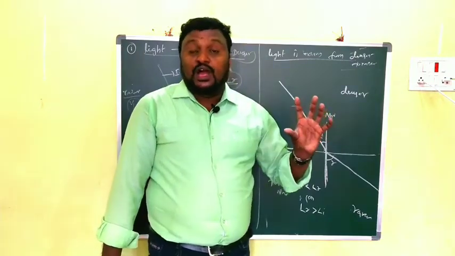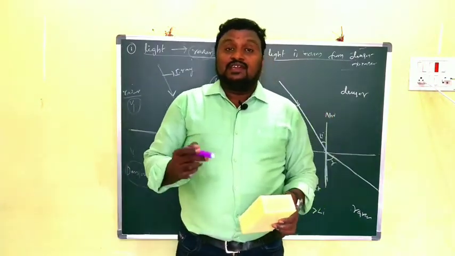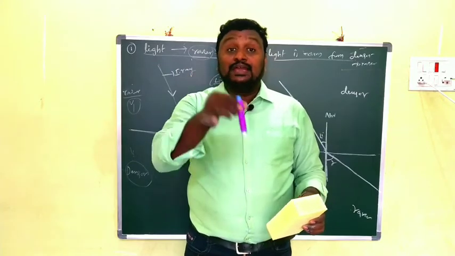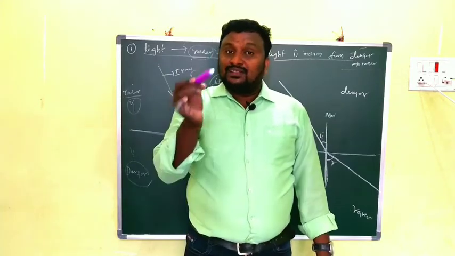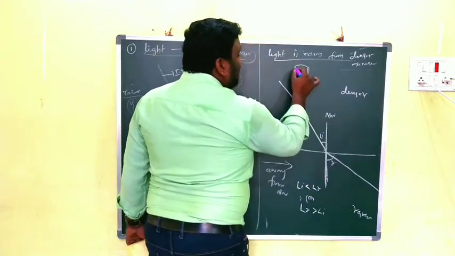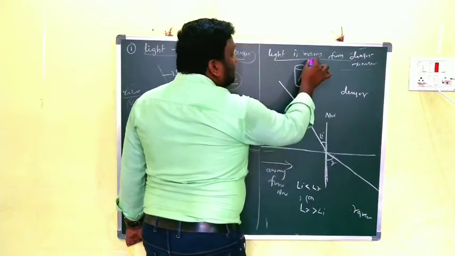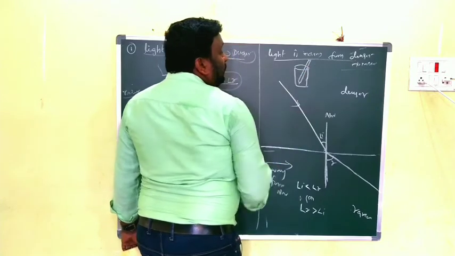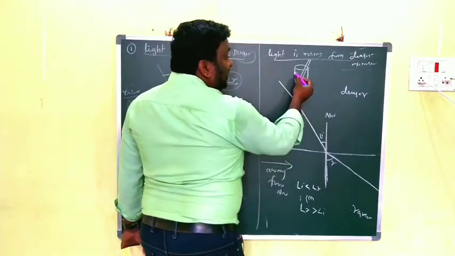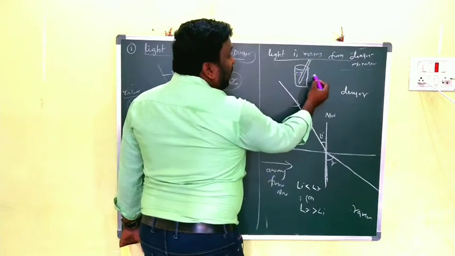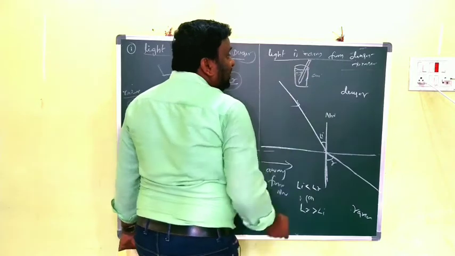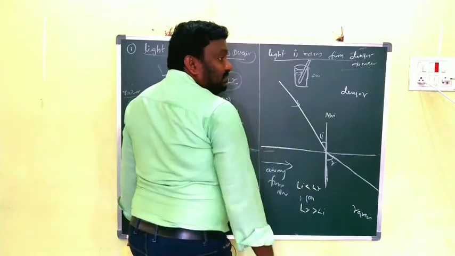In the previous video I uploaded, you take a glass beaker and keep a pencil in it. When the glass is empty, inside is air and outside is also air, so there is no change in the size of the pencil.